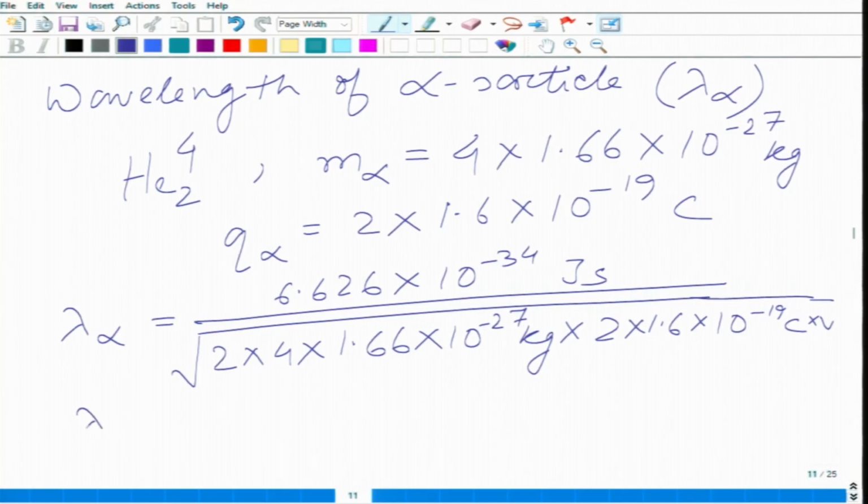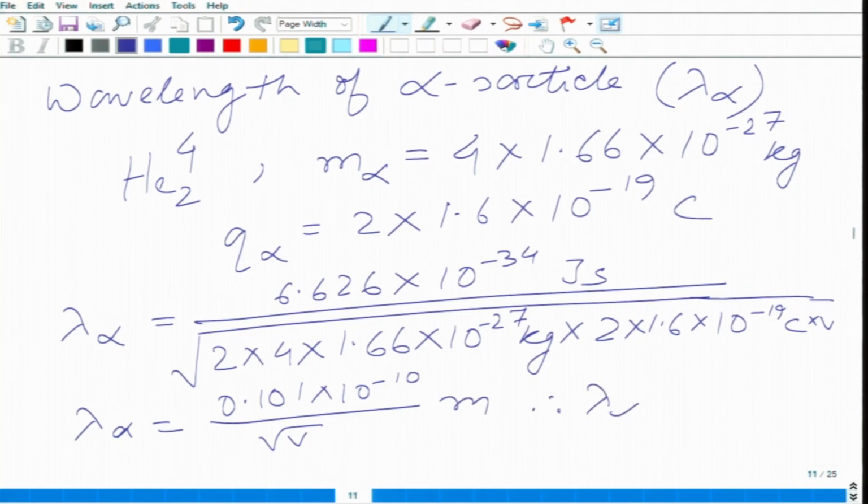By calculation we get lambda alpha is approximately 0.101 into 10 to the power minus 10 by root V meters. Therefore, lambda alpha is equal to 0.101 by root V angstrom.